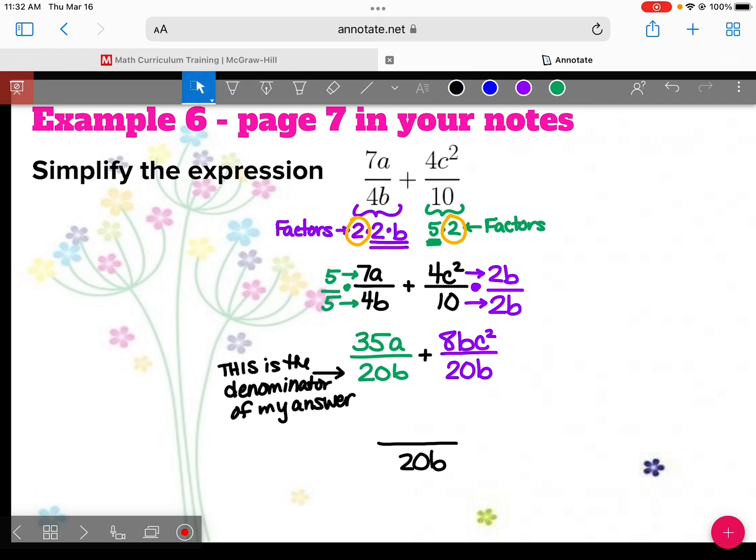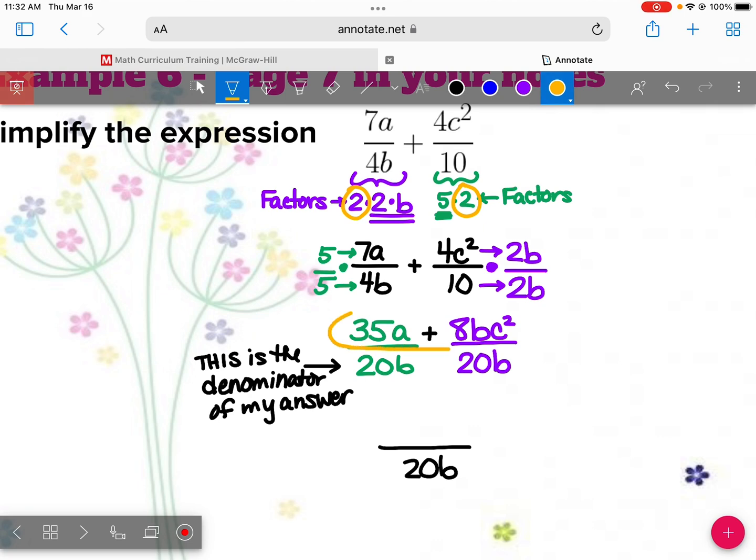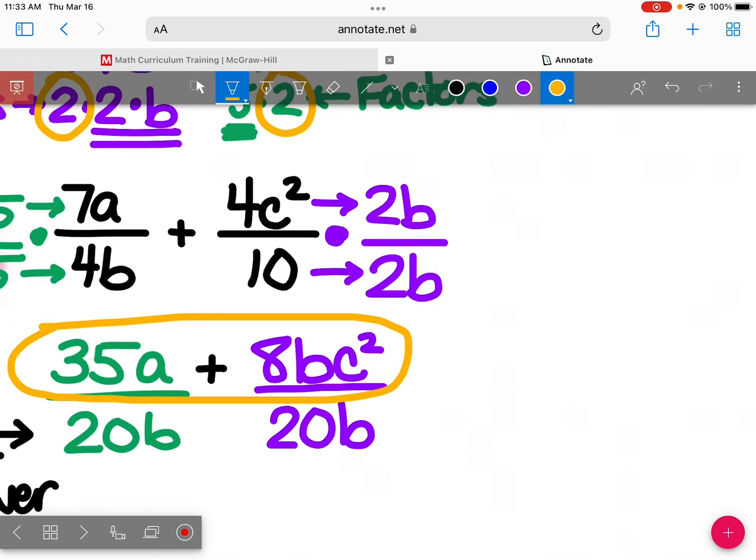So what am I doing the addition with? Yeah, I'm going to add those numerators together. This is the part that we actually do the addition with.